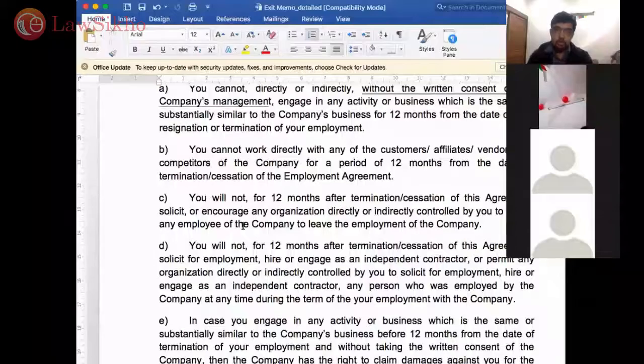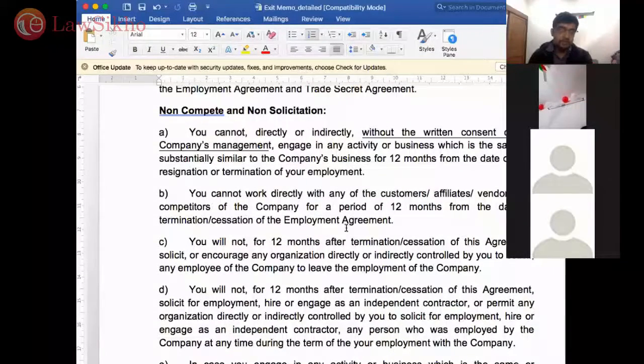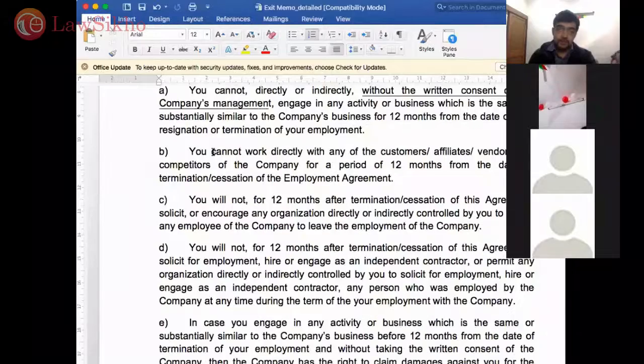If you issue new guidelines here which were not there in the original contract, there can be a problem here. Whatever was there in the employment contract can be pasted here.